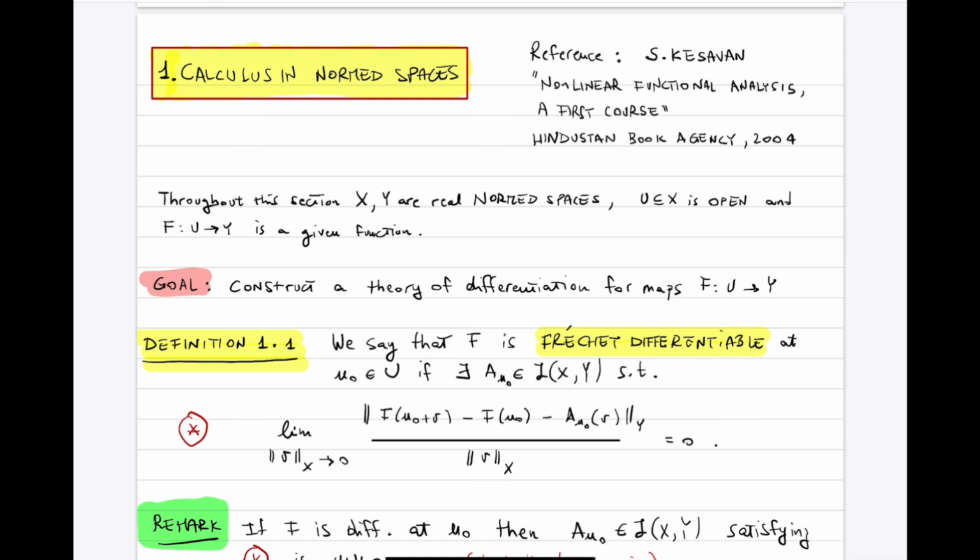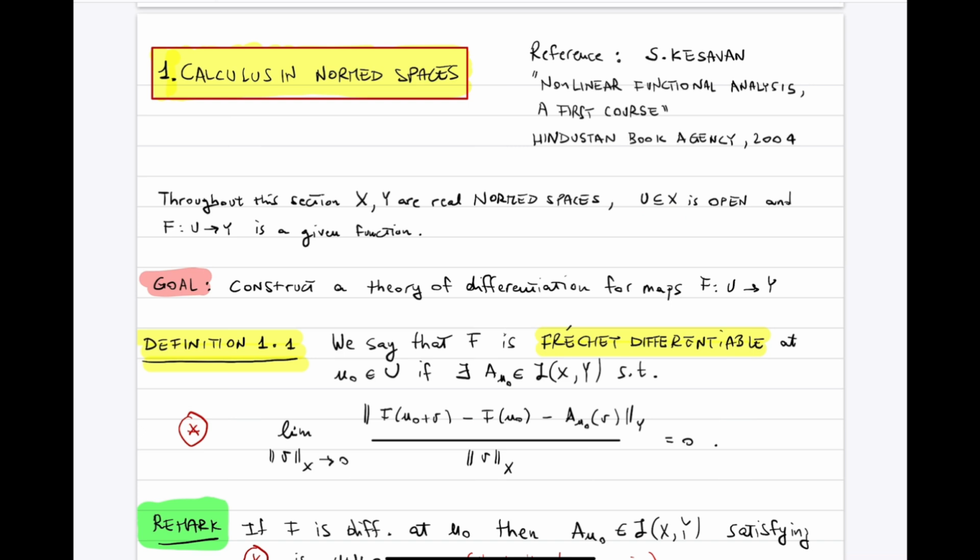Okay, throughout the section we denote by X and Y two normed spaces always. Also U in X will be an open set, and f from U to Y is a given function.